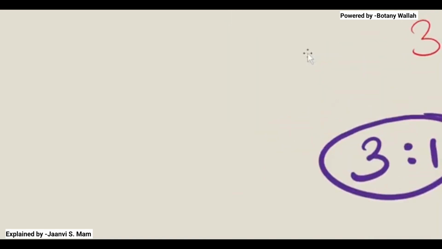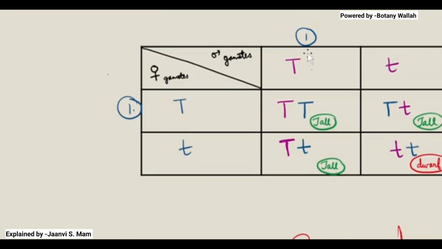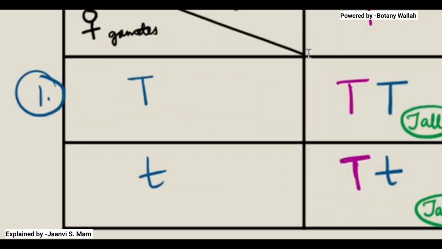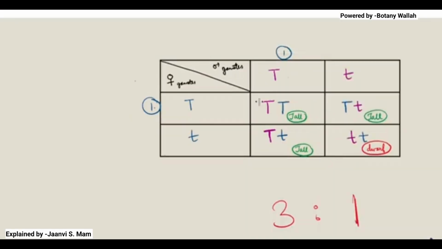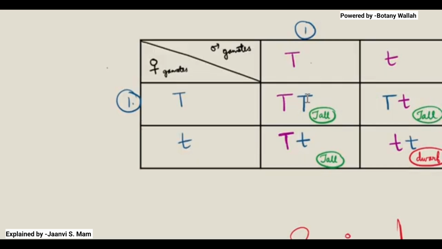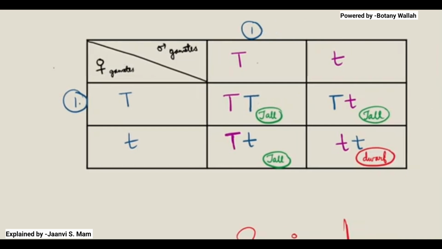I will zoom again. Just see how to represent. This is Punnett square for monohybrid cross, and I hope you have understood this.